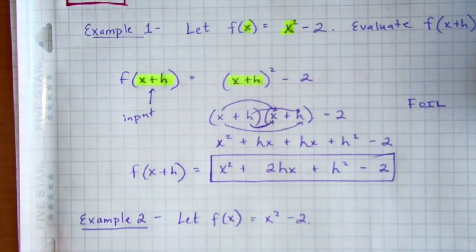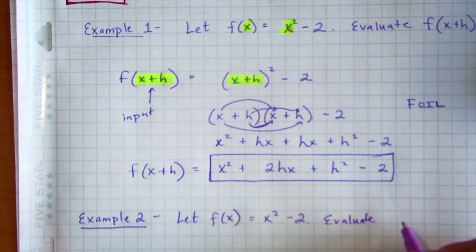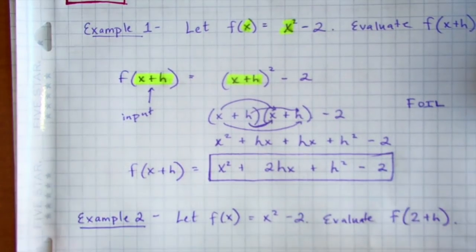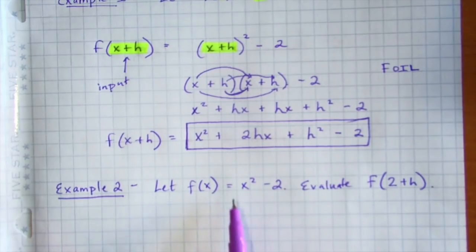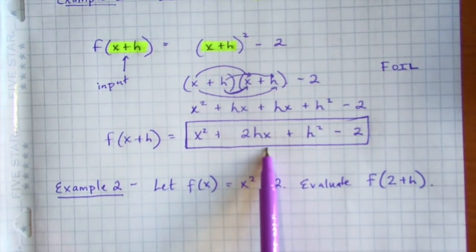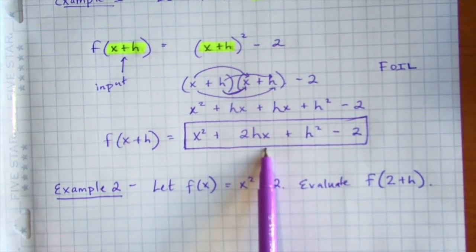And then we're going to evaluate f of 2 plus h. So what I encourage you to do is pause the video here. Try to work out example 2 on your own based on what you just saw in example 1. And then play the video again and see if you were able to do it correctly. So check your answer.